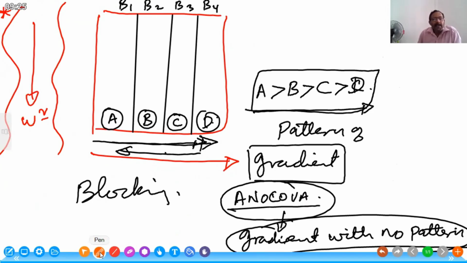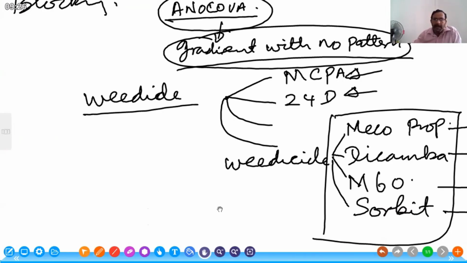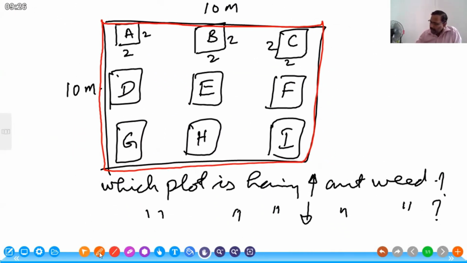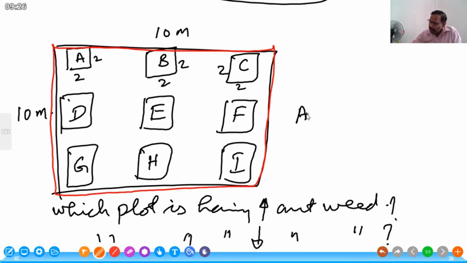A is having high moisture, B is next to A, C is next to B, D is next to C. Because here we can rank, we can say A, B, C, D is the order. Now tell me what the order is here. Can I say A is having high, then B, C, F, I? Can I say like that?